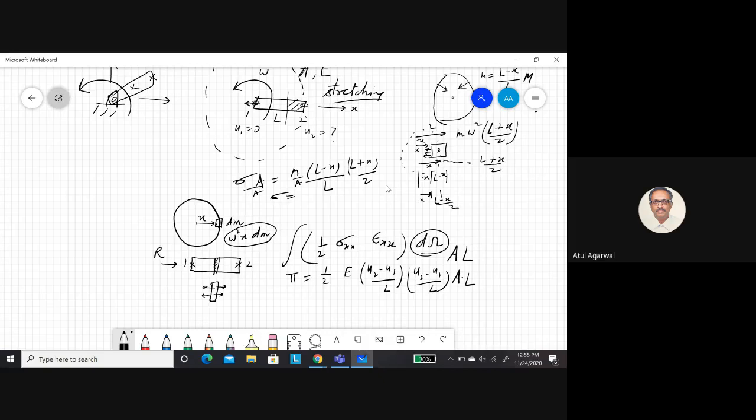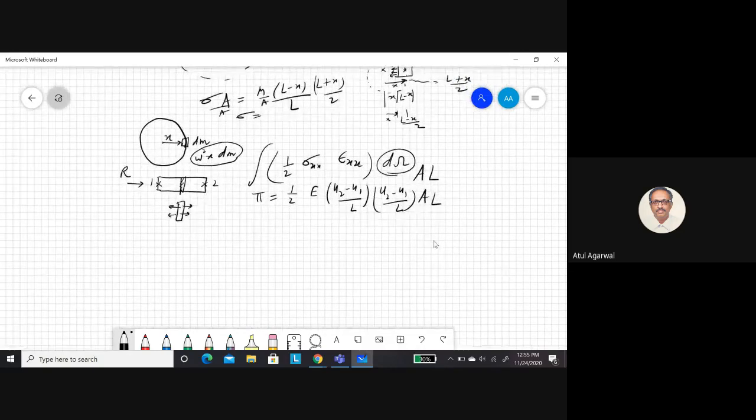At this node we do not have any other force, sir. Okay. So there are only internal stresses here on the left face and right face.